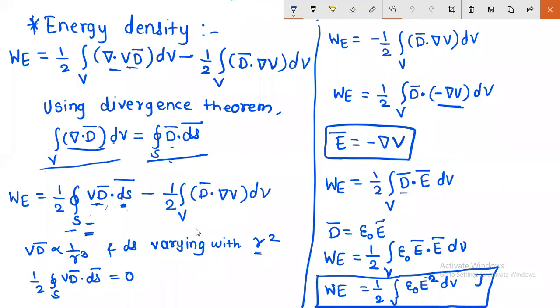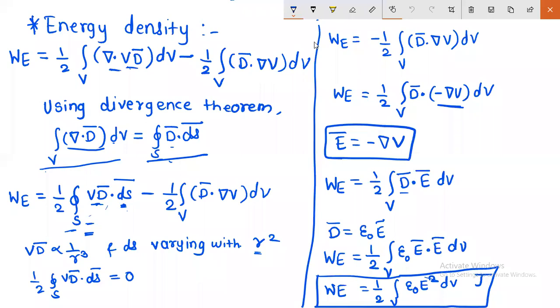Okay, no problem. So if this is clear, after that this term is becoming 0 here, right? This is 1/2 V into D bar, closed surface integral of V into D bar dot dS bar. This term becomes 0.